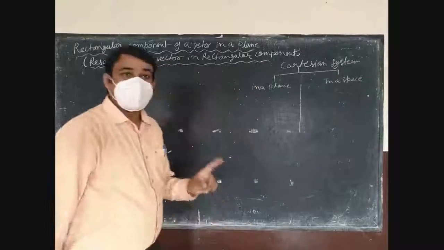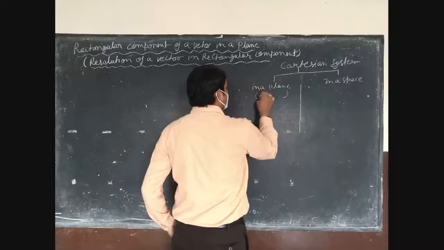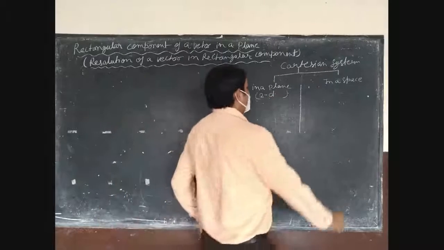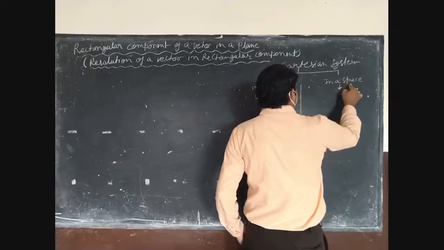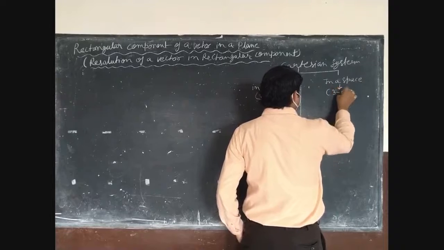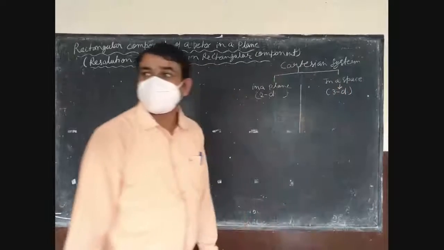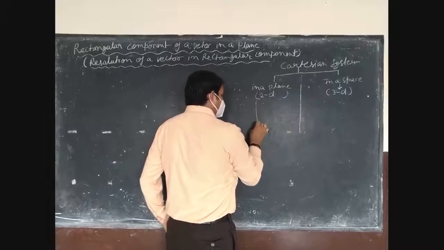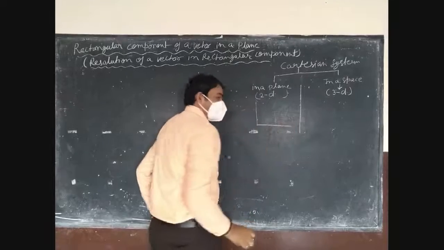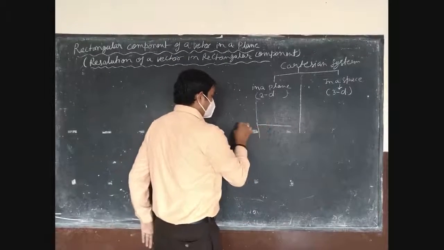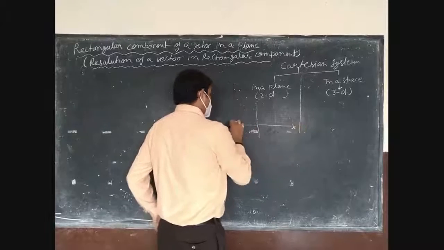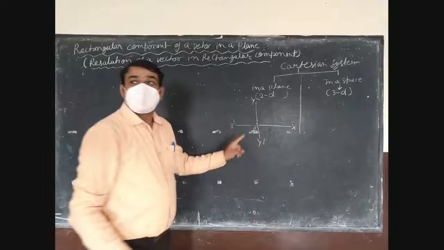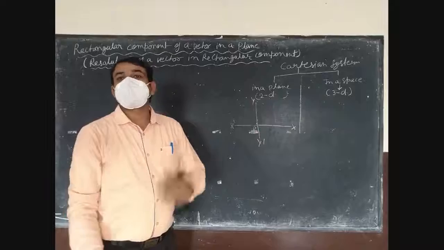When we discuss a plane, we are discussing 2D, two-dimensional. And when we discuss space, then it is 3D, or three-dimensional. So when we discuss a plane, we have axes like X, X dash, Y, Y dash, intersecting each other at O, which is the point of origin.